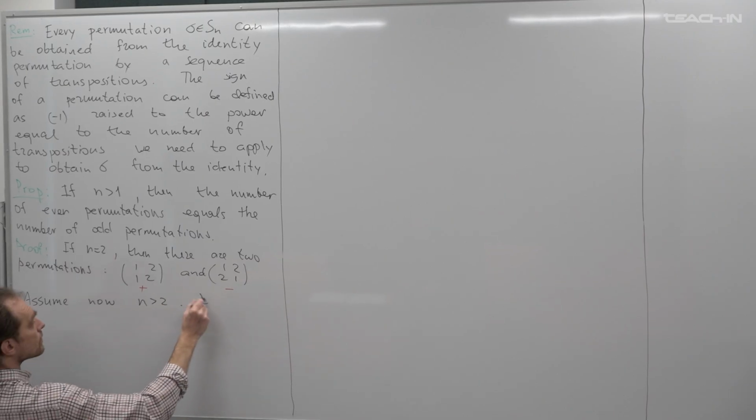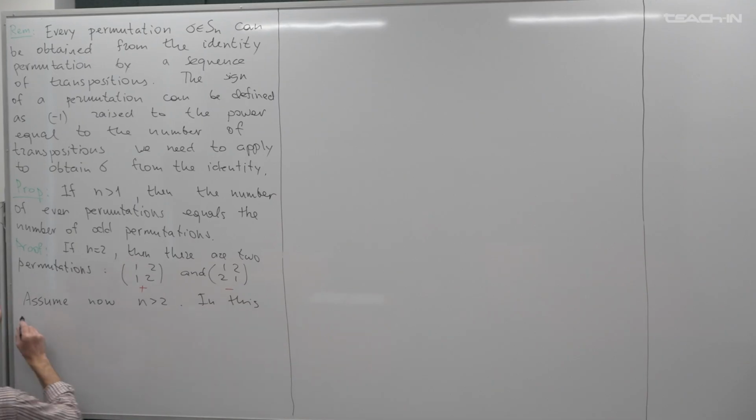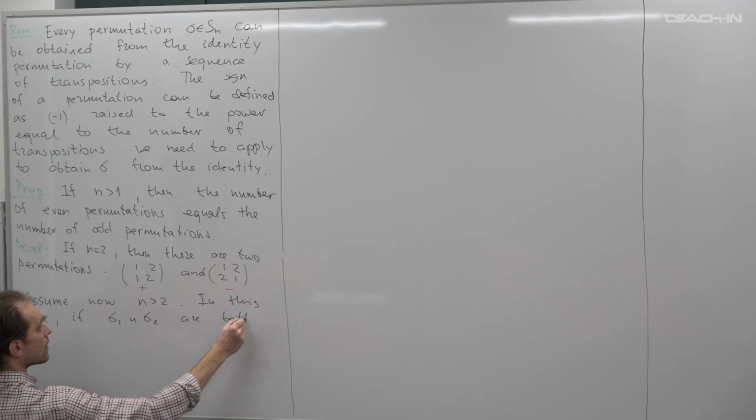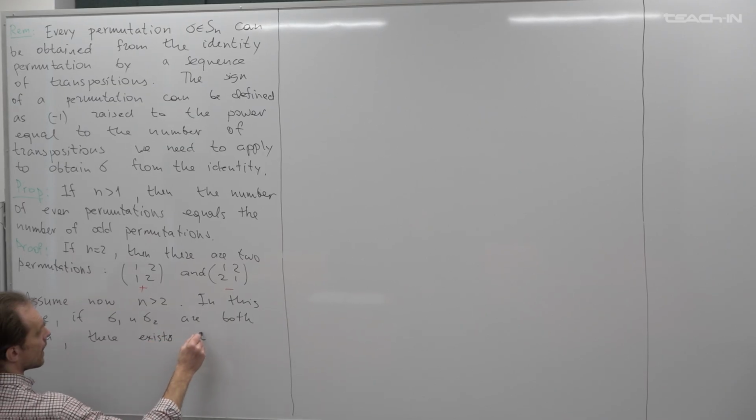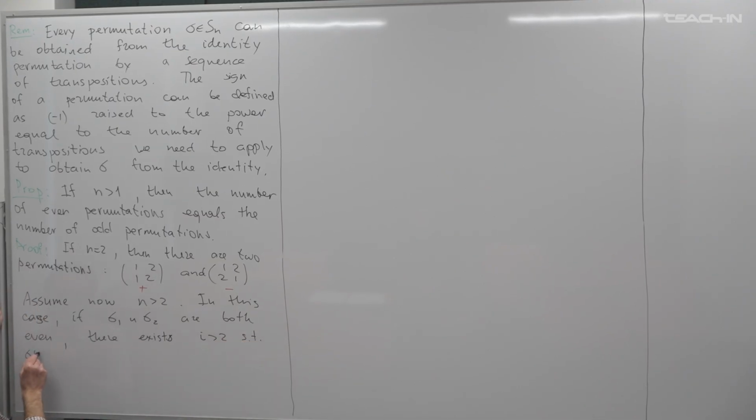In this case, if sigma 1 and sigma 2 are both even, there exists I greater than 2 such that sigma 1 of I is different from sigma 2 of I. So what does this mean?